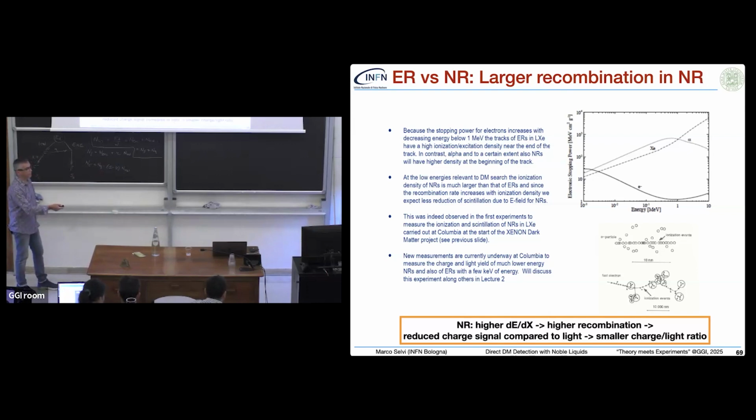This is an alpha particle in 10 nanometers, while a fast electron is in the range of 10 micrometers. You have higher dE over dx, higher recombination, and so a reduced charge signal compared to the light one. And this is what we use to discriminate between electronic and nuclear recoil, in particular in xenon detectors.